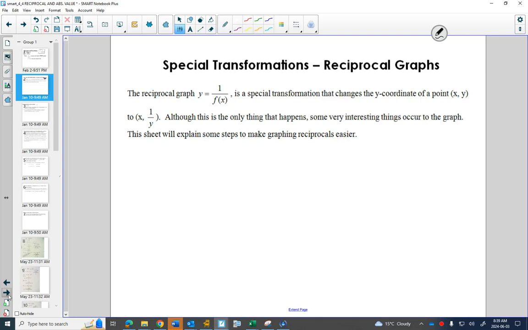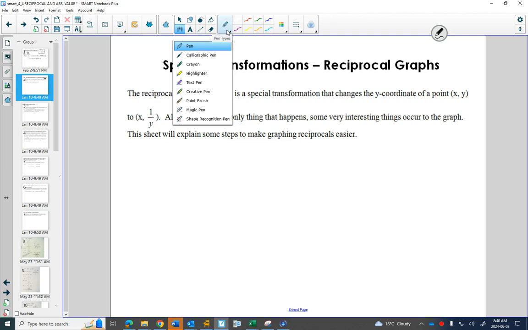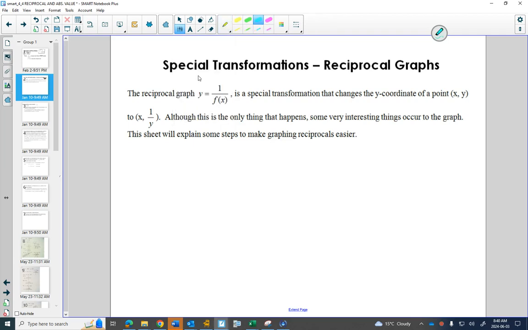So first of all, if you're going to highlight, basically the only rule is that if you have y equals 1 over f of x, f of x is a y value, so all you're doing is you are changing your y values that you currently have to 1 over your y value. So if you had any point x comma y, it now changes to x comma 1 over y.